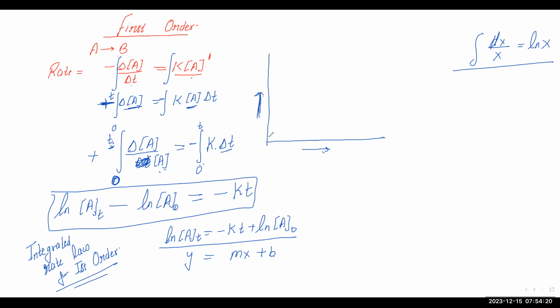Azuni is saying you take 80. Why 80? This is why, Azuni. I'm not going to take concentration of A at time t. I'm going to take natural log of concentration of A, right?